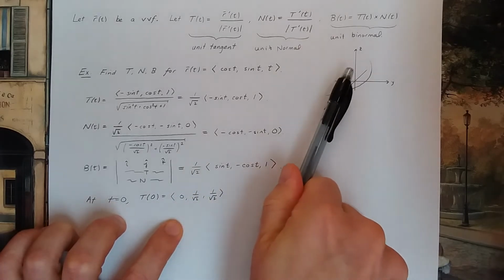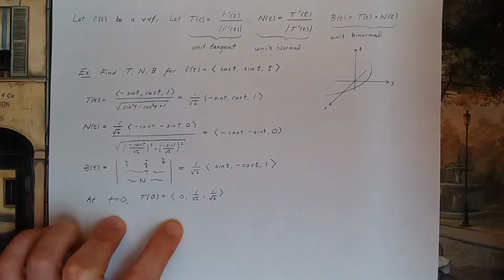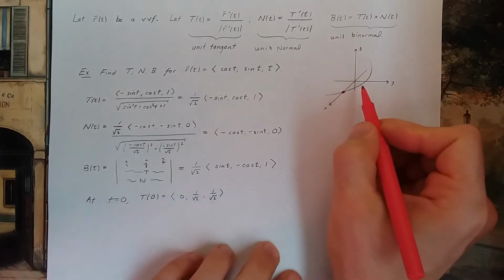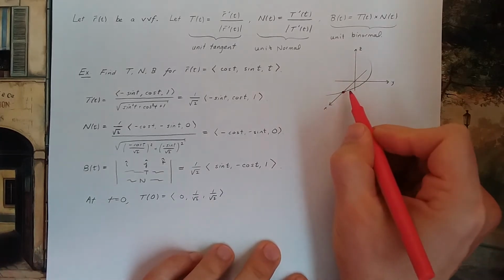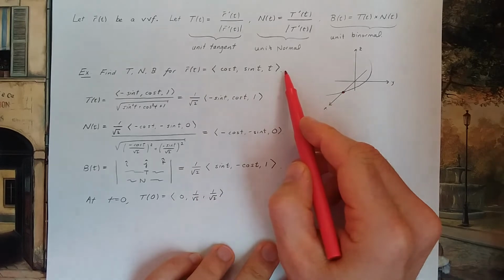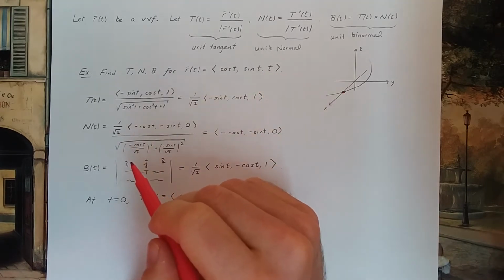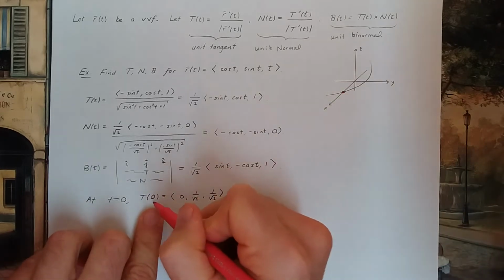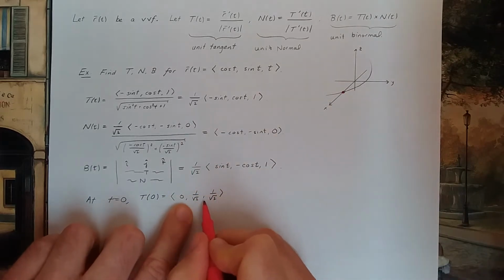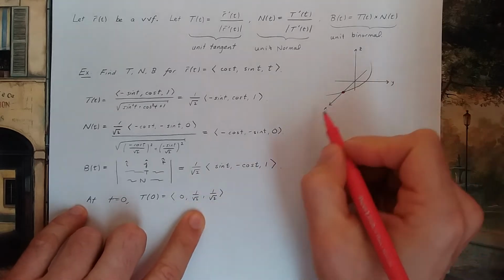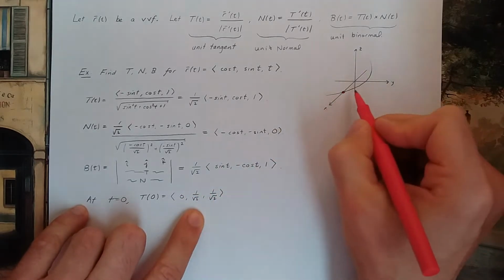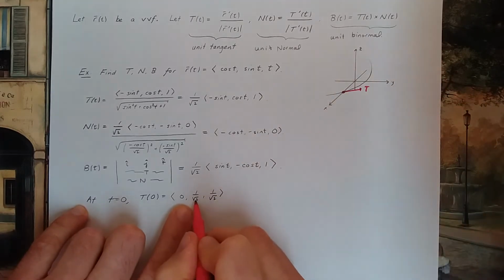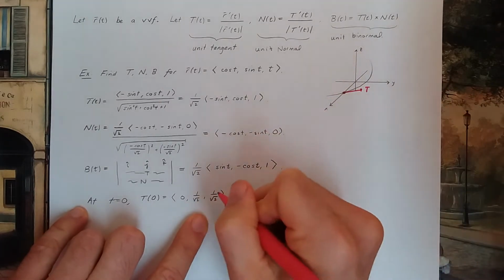On my picture up here, the red dot is the value of the curve when t is equal to 0. The unit tangent vector is a vector in this direction. So if I plot a vector in this direction, I get the vector T as shown. It goes to the right and up somewhat.